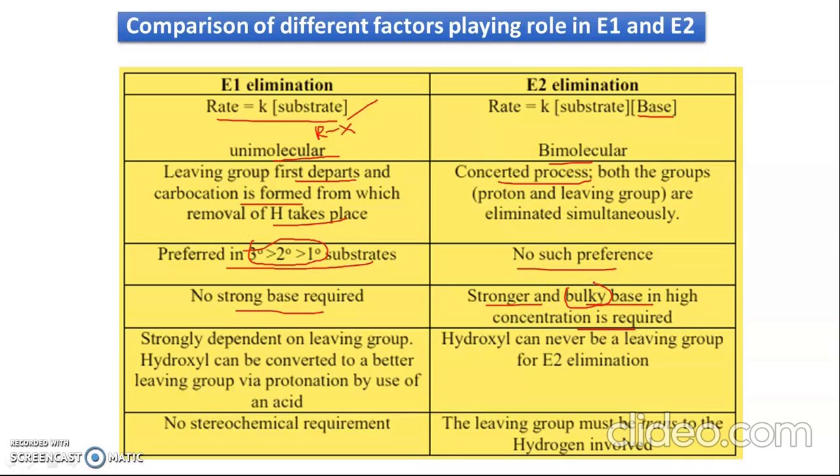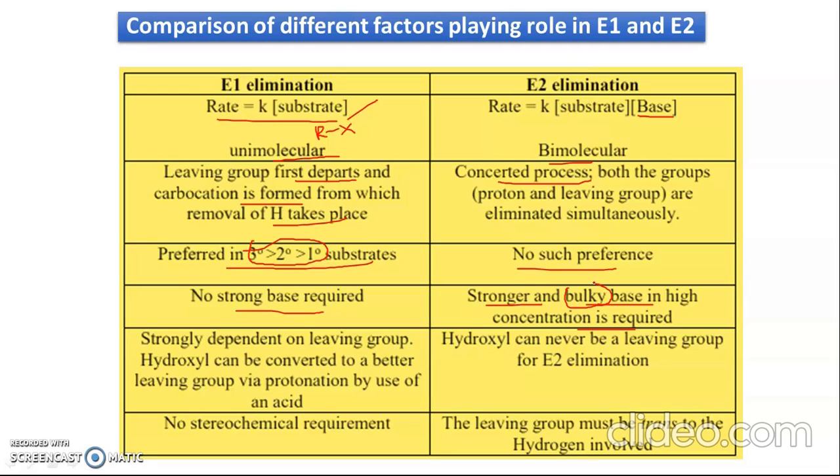Because suppose your base is not bulky, then it will be more nucleophilic. The steric hindrance is low, so there is a chance that it can lead to some substitution reaction also. So that is one reason.